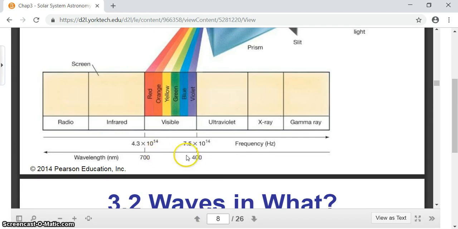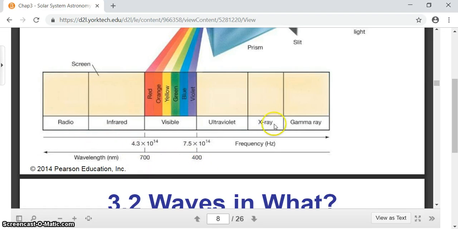A nanometer, just to remind everybody, is 10 to the minus ninth meter, so 700 nanometers is 700 times 10 to the minus ninth meter. That's an extremely small wavelength.